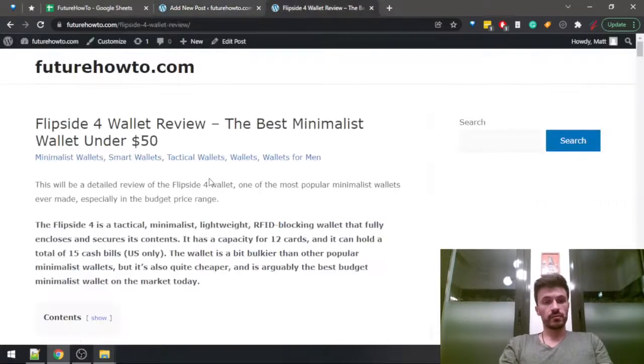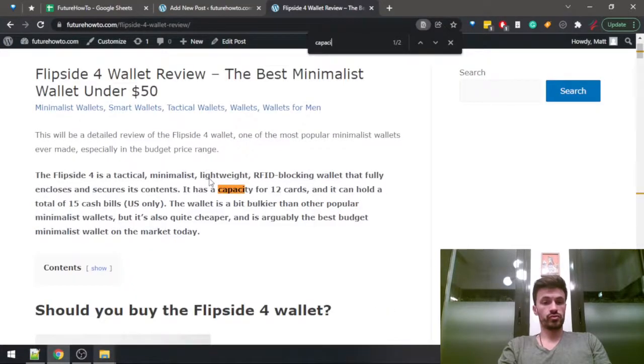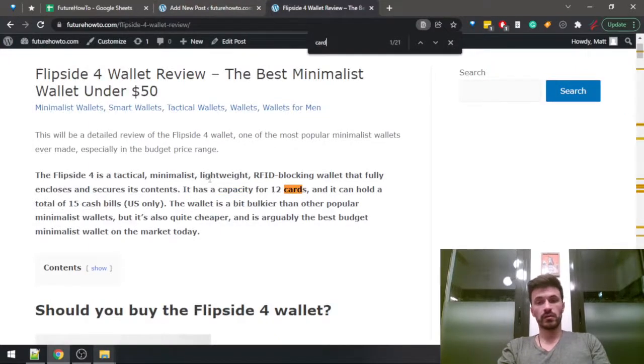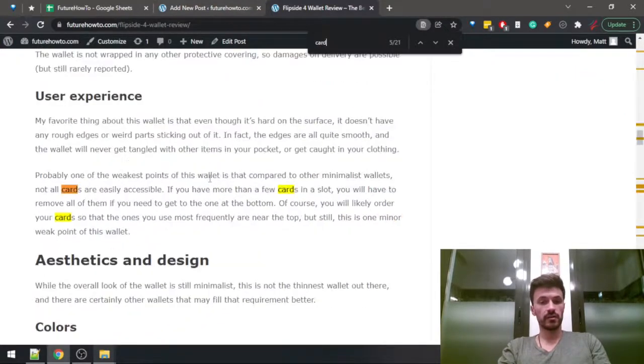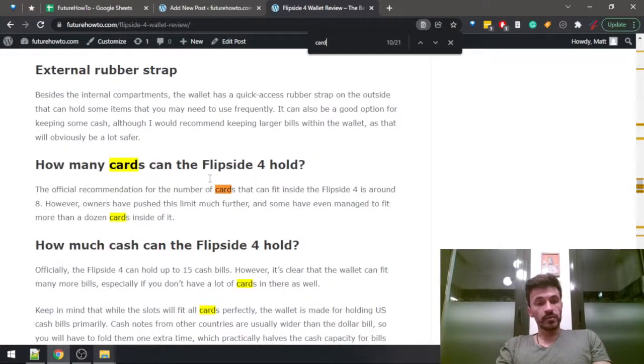Capacity. So 12 cards and 15 cash bills. Okay, that's pretty good. The Flip Side 4 can hold cards. Let me see if I can say something a bit more about this.